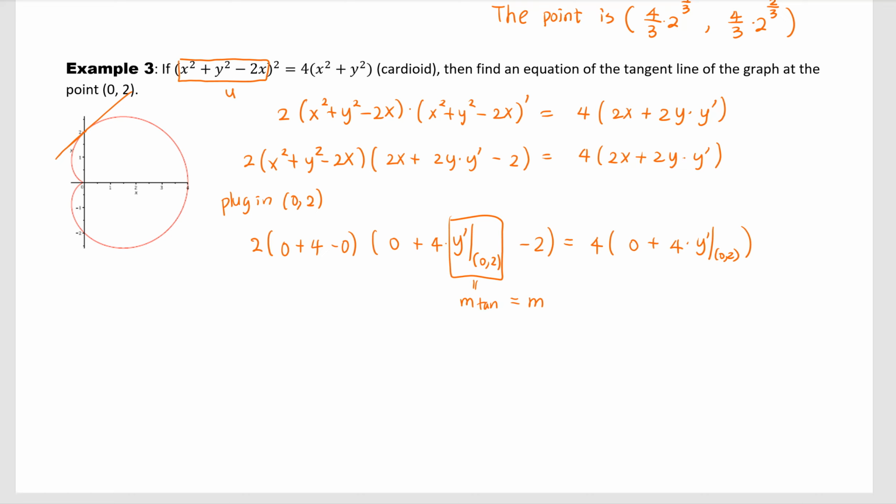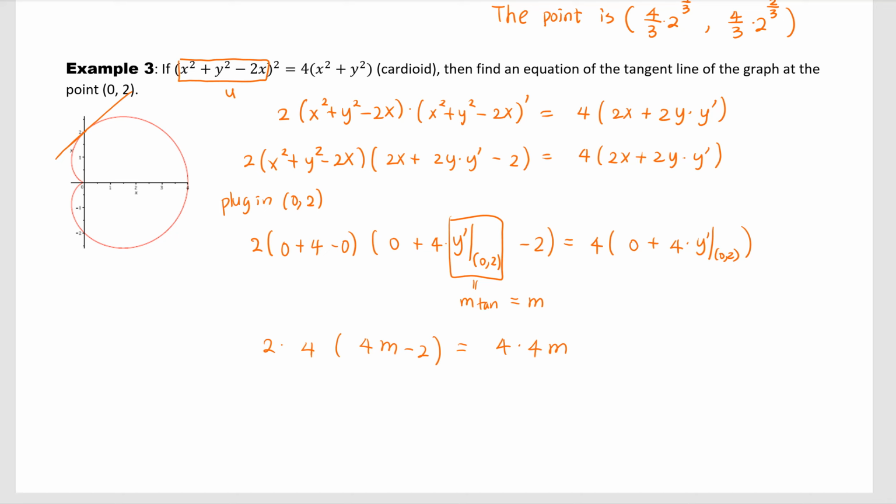Is that okay, everybody? So let's see. We have 2, this is 4, this is 4m minus 2. Yeah, parentheses, be careful. And then on the right-hand side, we have 4 times 4m. So I can divide both sides by 8.